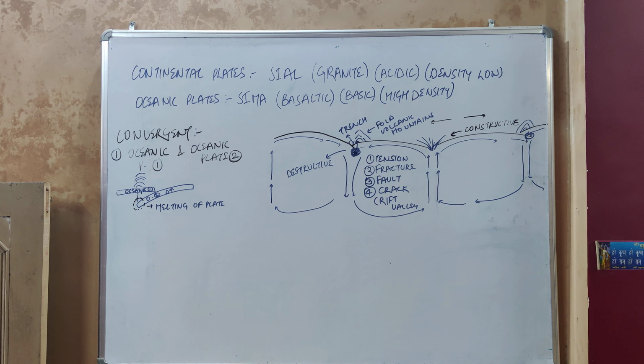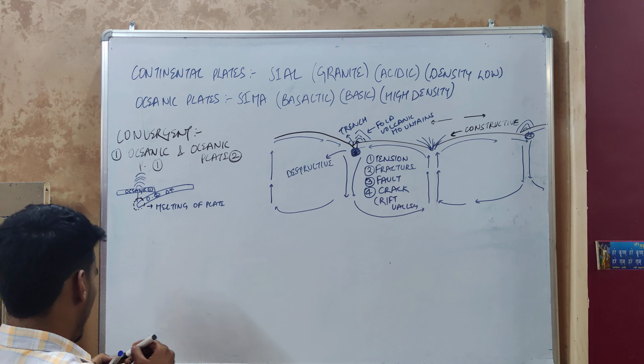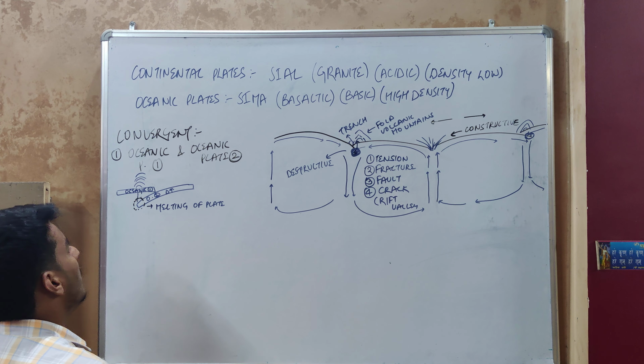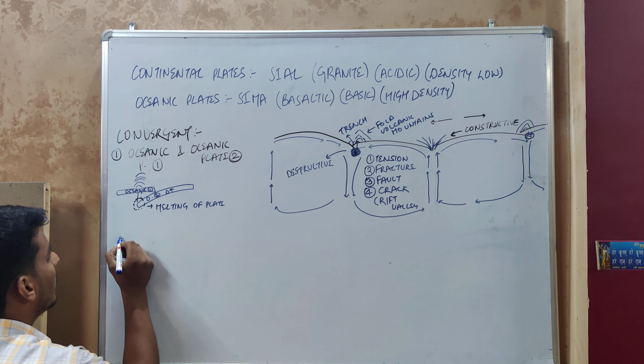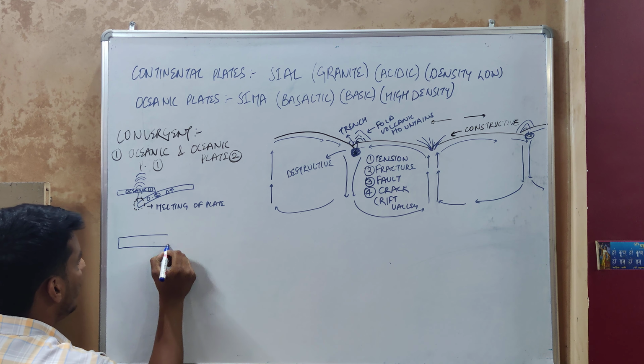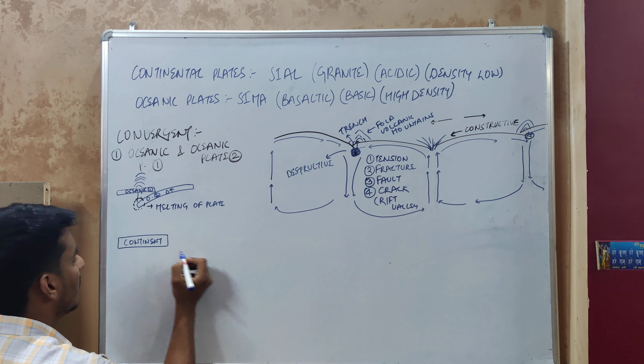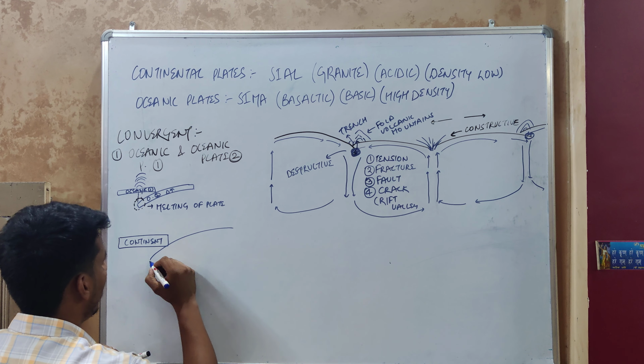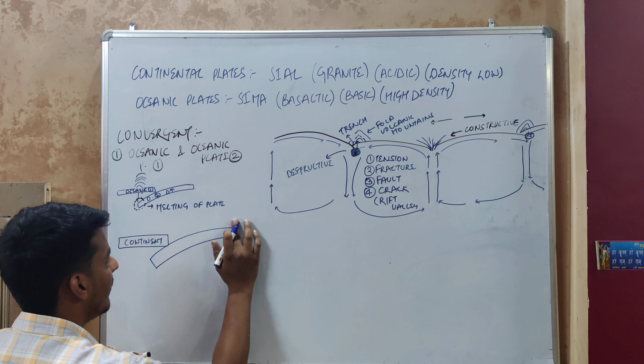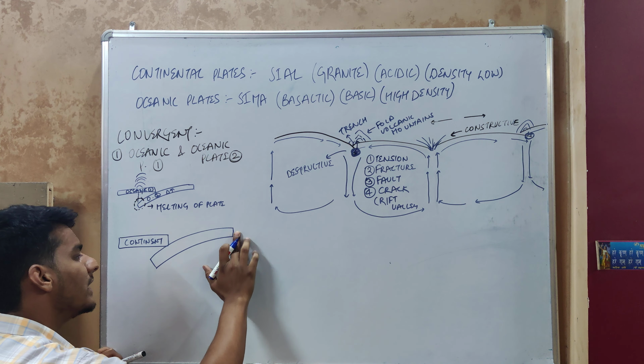Then we have oceanic and continental. Now this is the continental plate margin, and this is your oceanic. Why have I diverged it down? Because it is denser.